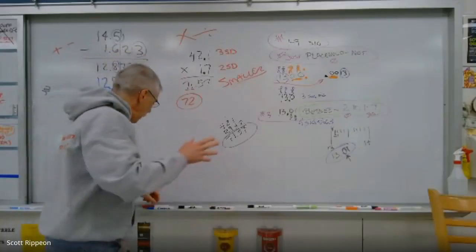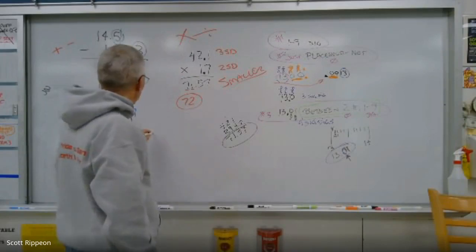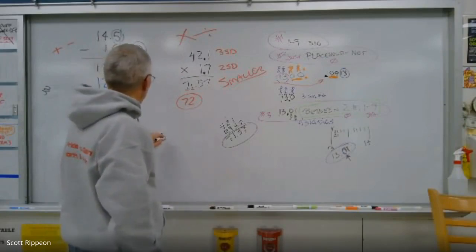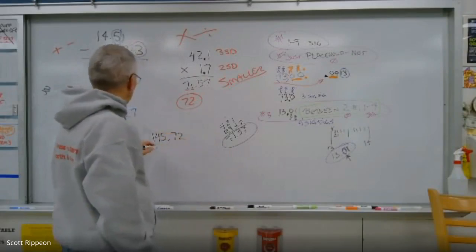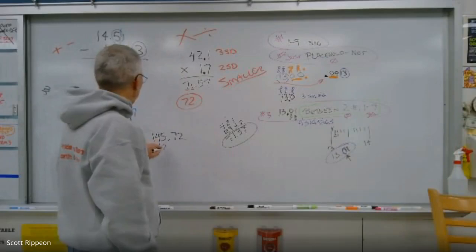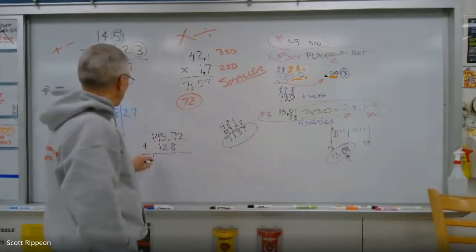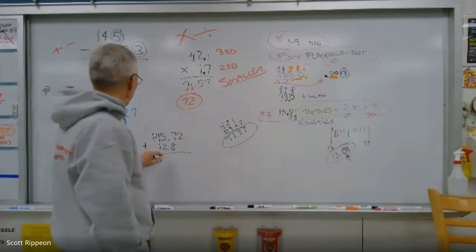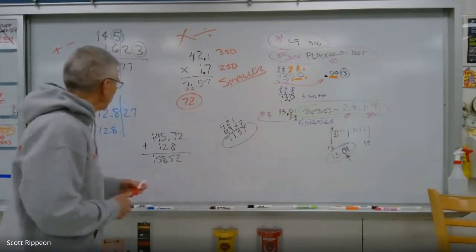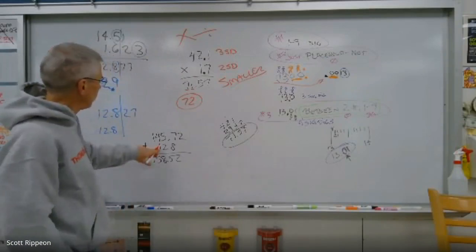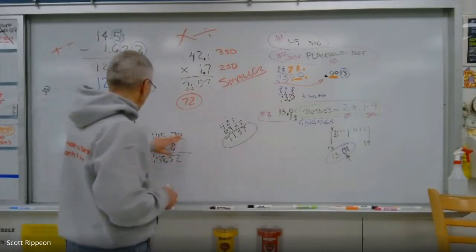If I do an add or subtract, if I go 145.72 and 12.8, and I'm supposed to add those, that's going to be 158.52, right? Well, if I'm adding those two, notice that's the smaller one. Oh, that's wrong. That's not good. That just proved what you just said.